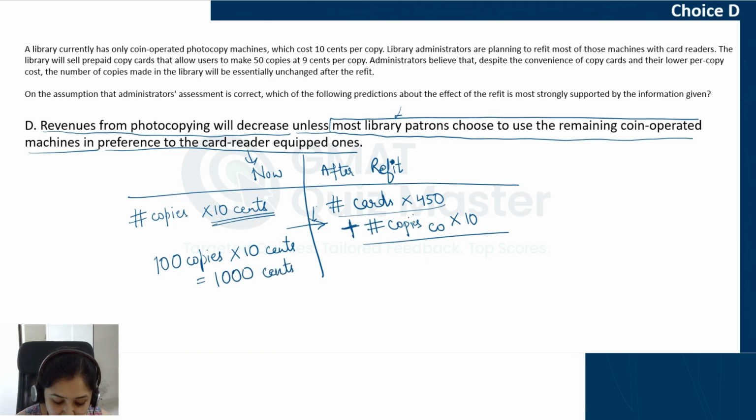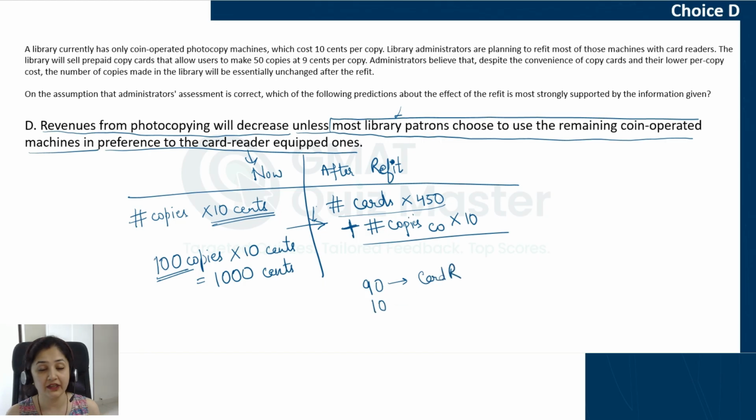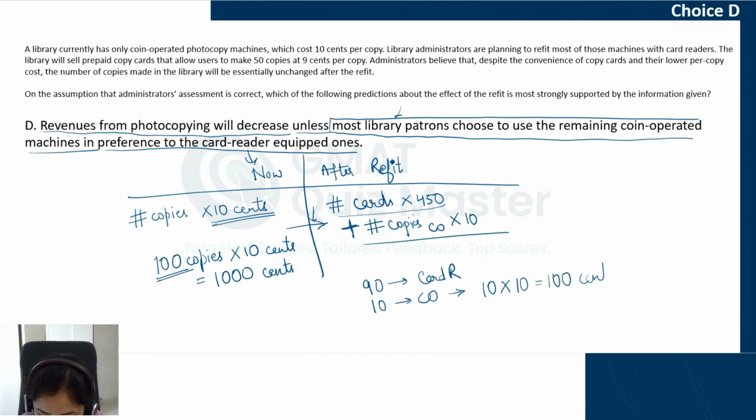Now, because the number of copies is constant, out of these 100 copies, 90 are being made using the card reader machines, that is using the card, and 10 are being made using the coin operated machine, which means that these 10 are resulting in a revenue of 100 cents. Now, what is the revenue for these 90 copies?